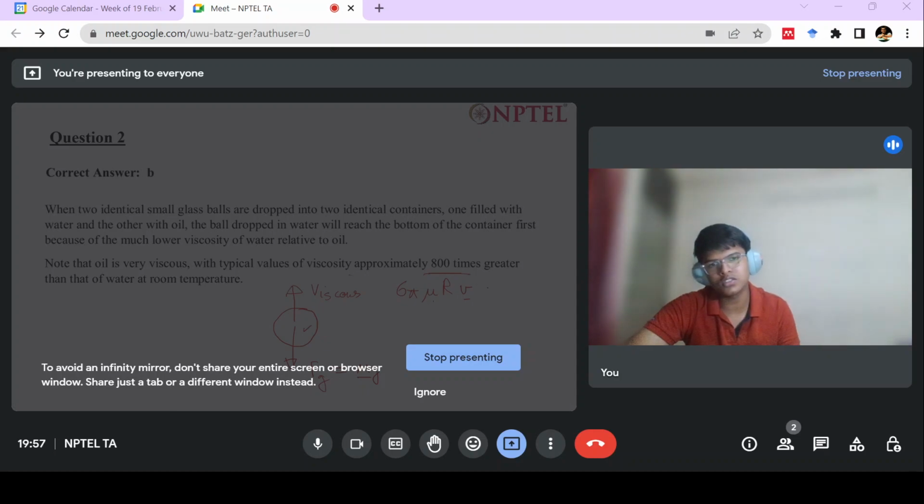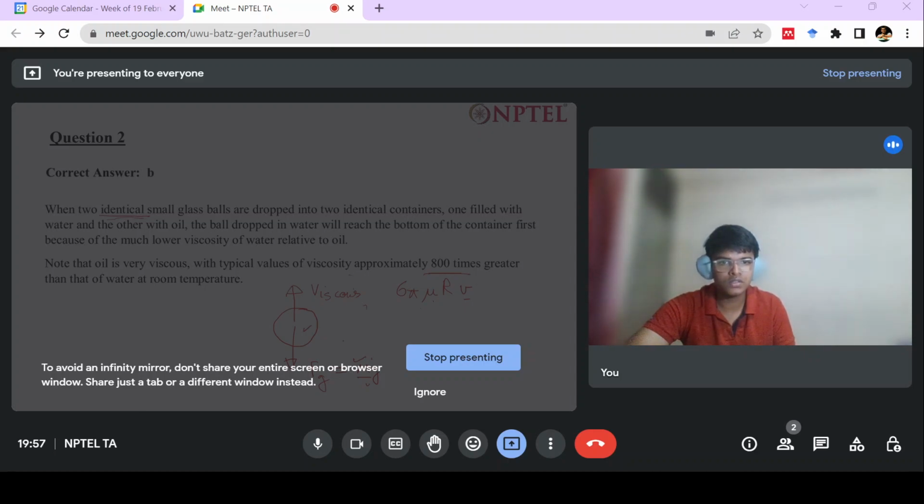But there is another force also acting, and it is very necessary to consider it in this case. Gravity balances these viscous forces, so the mass is very important here. Another very important force is the buoyancy force.